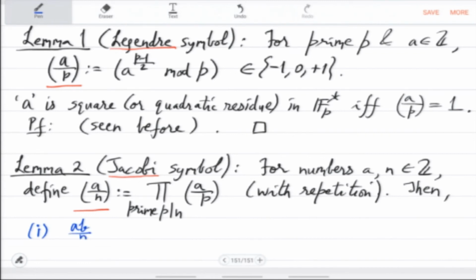So AB by N is equal to A by N times B by N for all integral A, B. So this first one is multiplicativity.